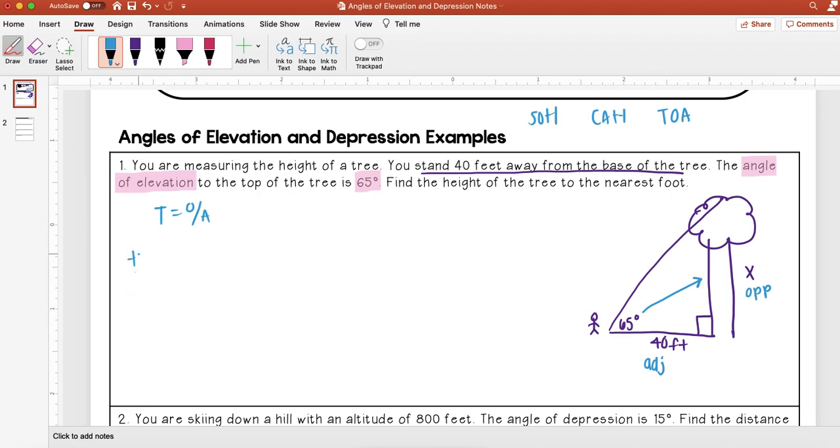So that means I'm going to have tangent of, I always put my given angle here, so that is 65, is equal to my opposite, which I have as x, over my adjacent, which is 40. And now I just need to solve this. So I want to put this over 1. And when I cross multiply, I have 1 times x, which is equal to x, is equal to 40 times tangent of 65.